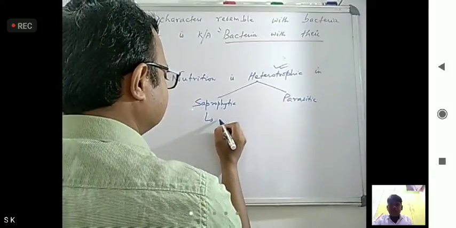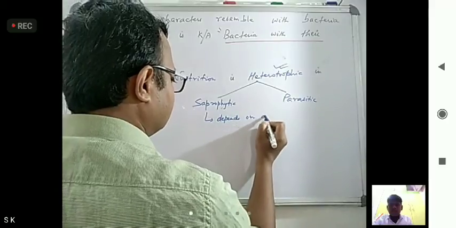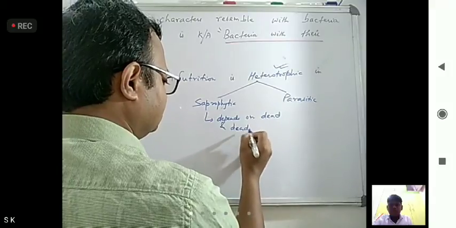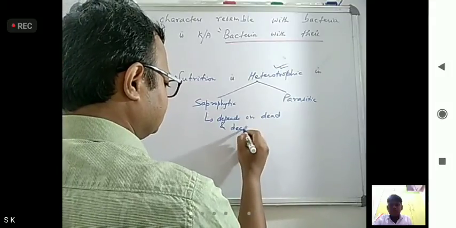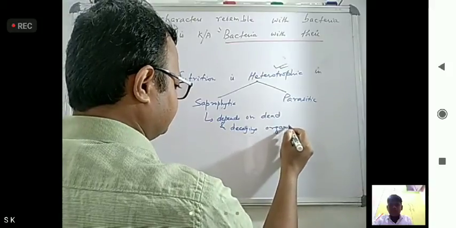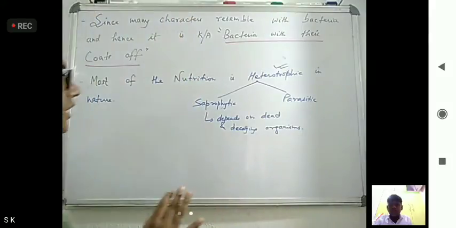Saprophytic means depends on dead and decay organisms. Food taken from dead and decaying organisms. Okay, so this is heterotrophic in nature.